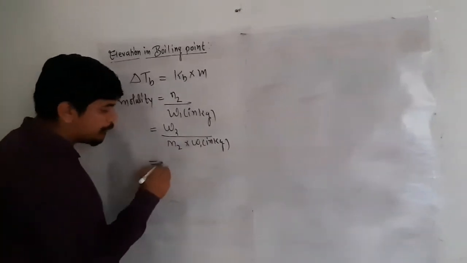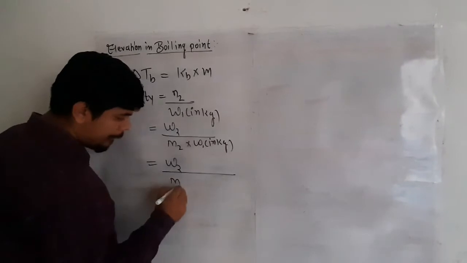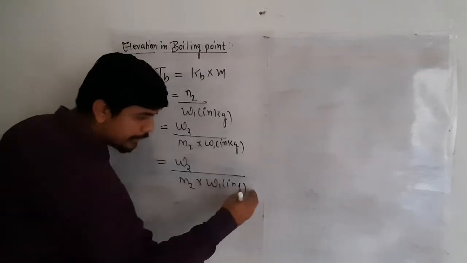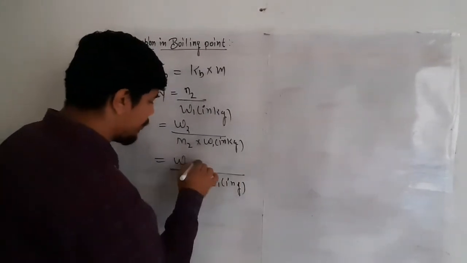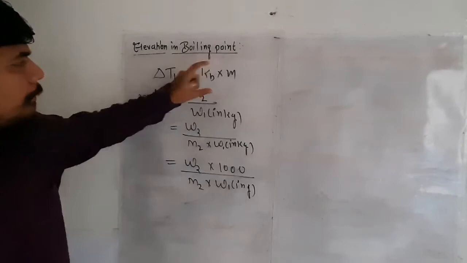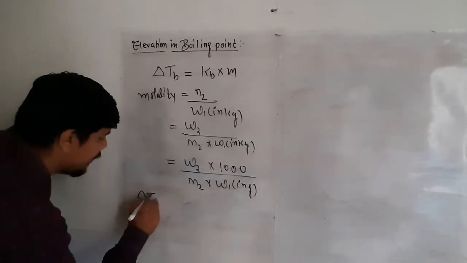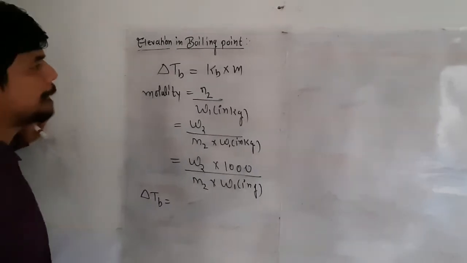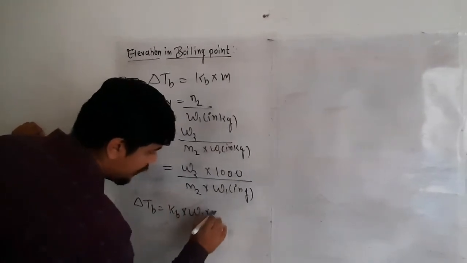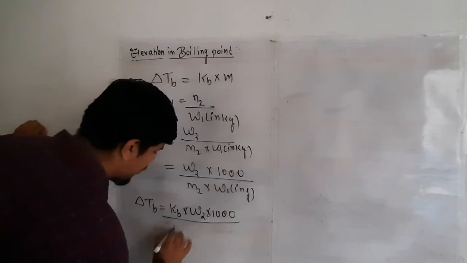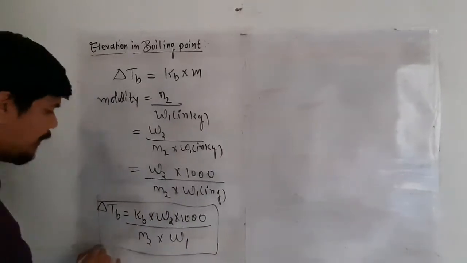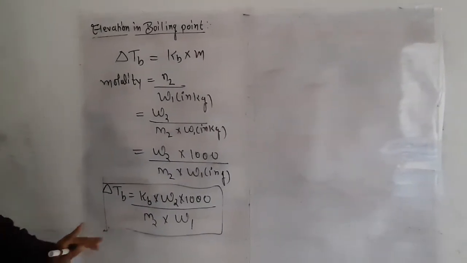If W1 is given in gram, then to convert gram to kilogram we divide by 1000, so 1000 will go up. Put this whole expression in place of molality. So the formula will be delta Tb is equal to Kb into W2 into 1000 upon M2 into W1. This is your formula for elevation in boiling point.